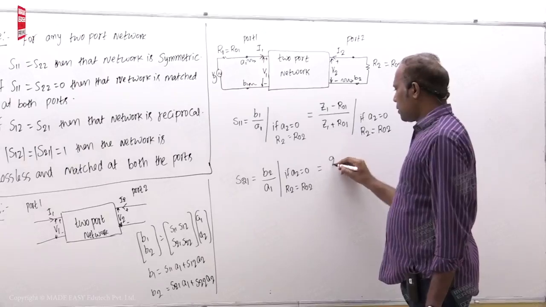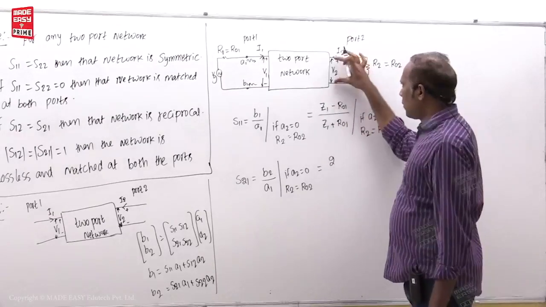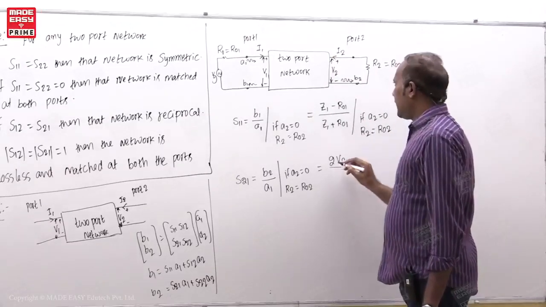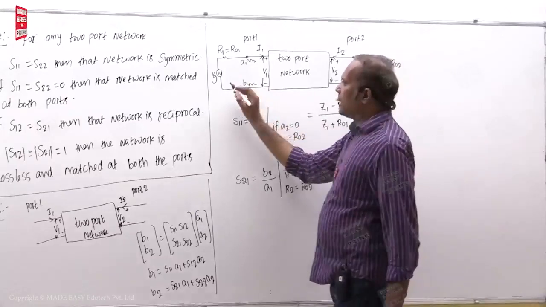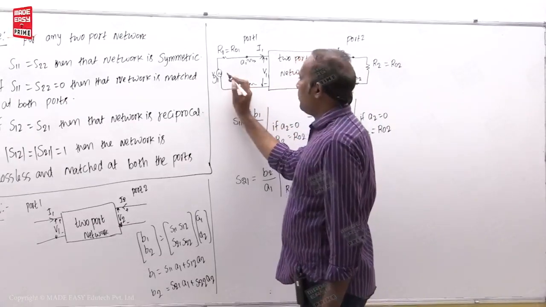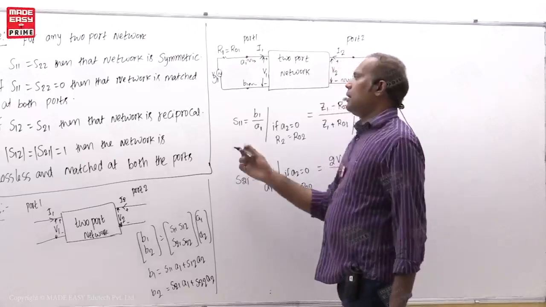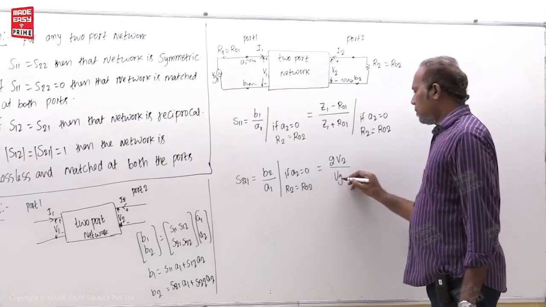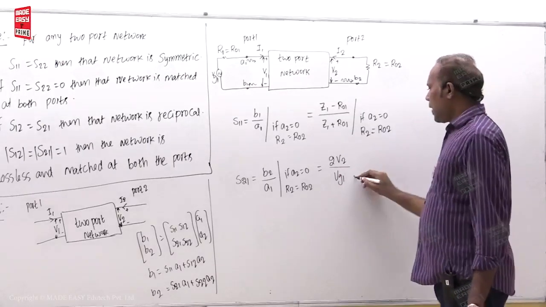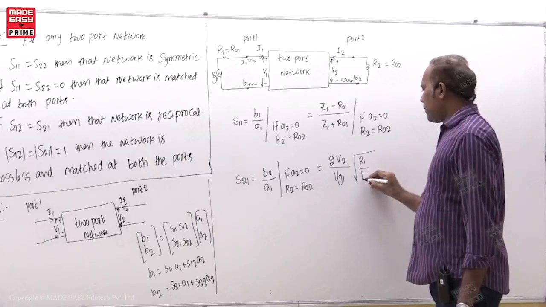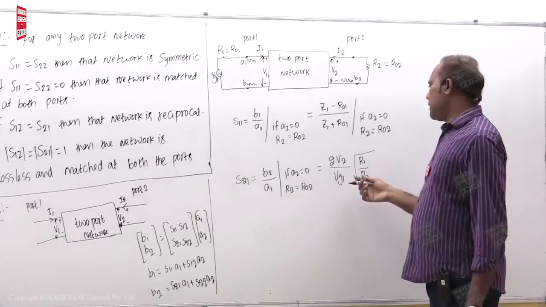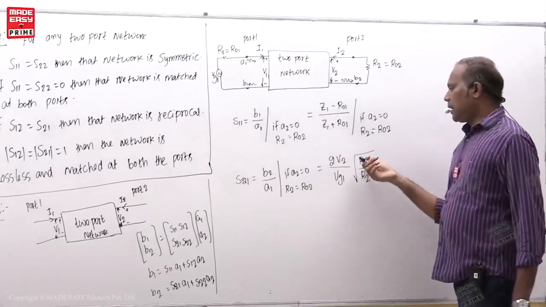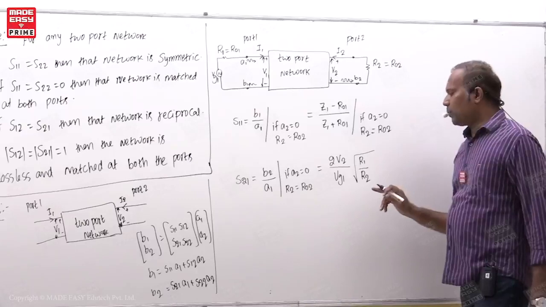Now this becomes 2 times the output side voltage, port 2 voltage V2, divided by VG1, from where you are sending, VG1 meaning the source at port 1, under root R1 divided by R2. Of course, this R1 is connected to R01 and R2 is connected to R02. So it is the terminating impedance at port 1 divided by the terminating impedance at port 2.